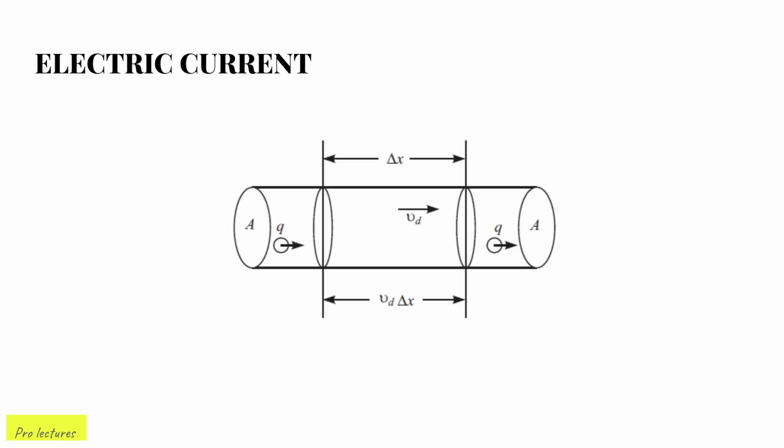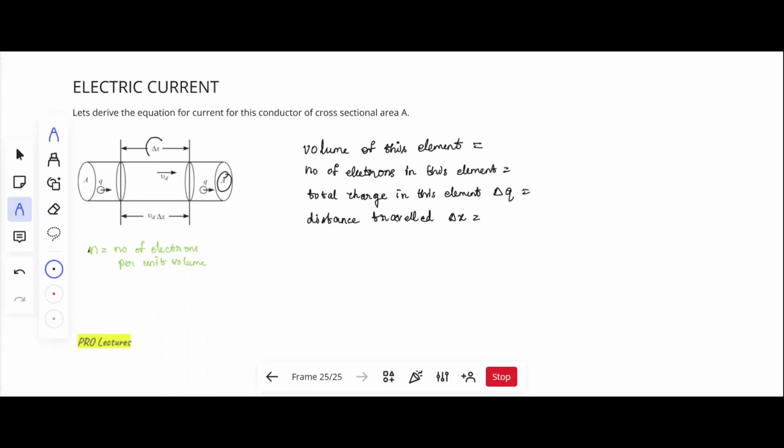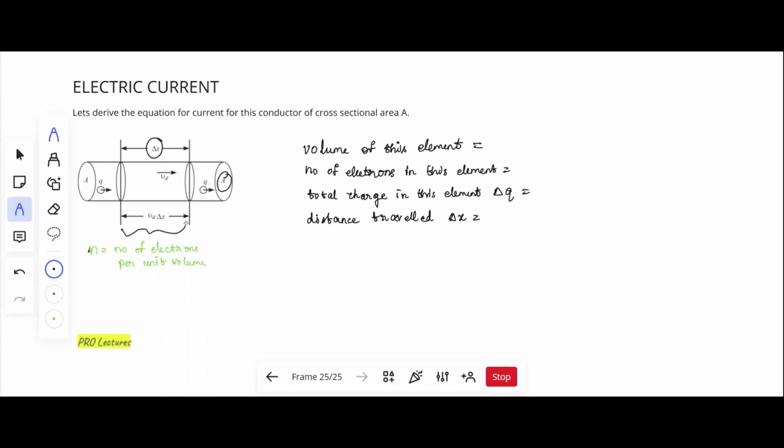Now, let us take a closer look at the flow of electrons in a conductor and derive the equation for current. Let us derive the equation of current for this conductor of cross-sectional area A. Consider this volume element of length Δx. So the volume of this element is A times Δx.